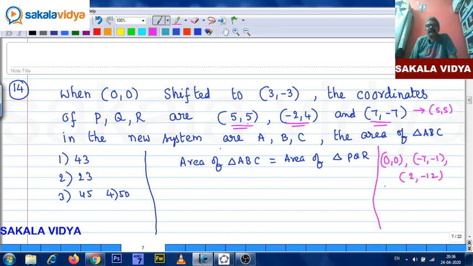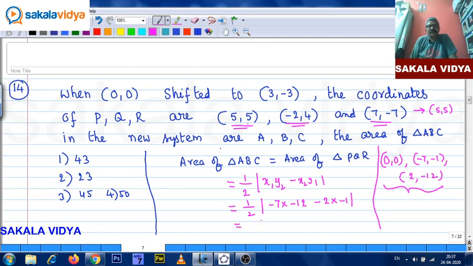Now find the area of the triangle formed by these points. That is half mod, we have the formula x1 y2 minus x2 y1. This is half mod, x1 means minus 7 multiplied by y2 means minus 12, and minus x2 is 2 into y1, which is minus 1.